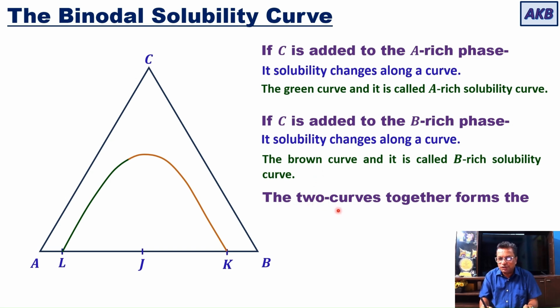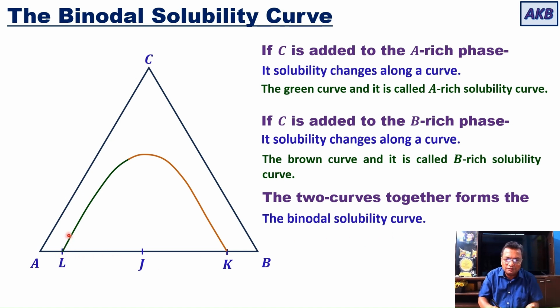The two curves that you get, these two curves, they come together and you get the binodal solubility curve. So binodal solubility curve is combination of the two curves, combination of A rich solubility curve and B rich solubility curve.